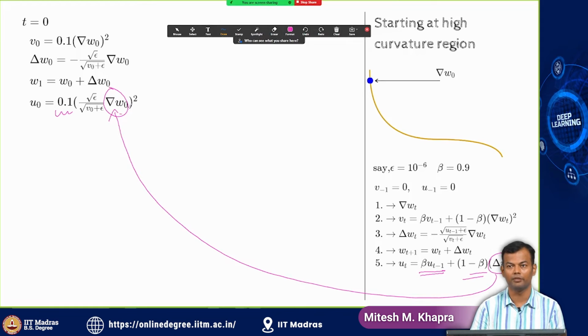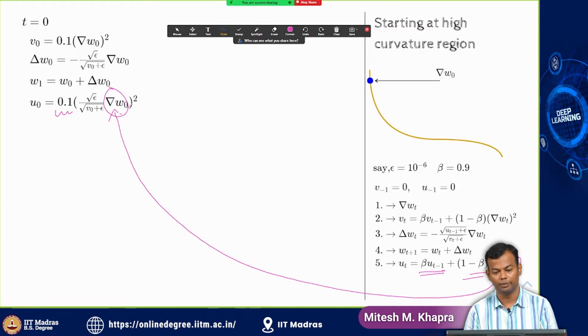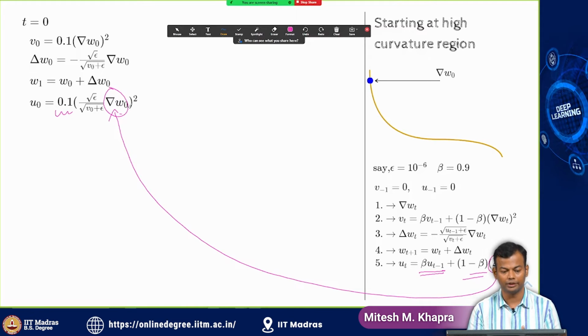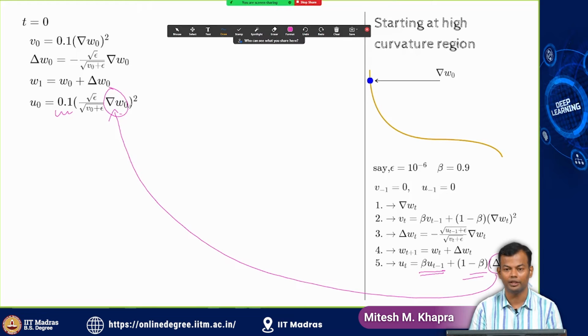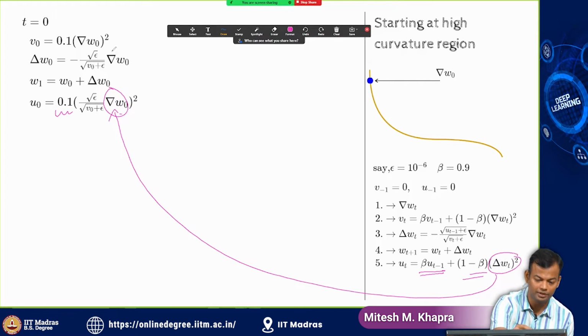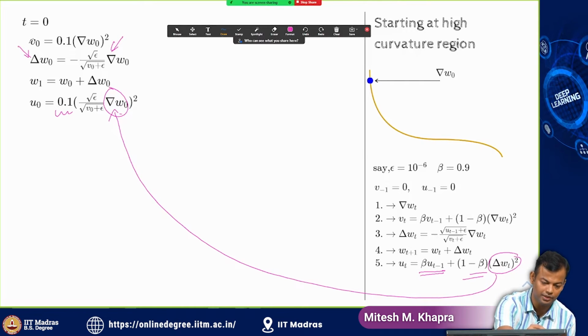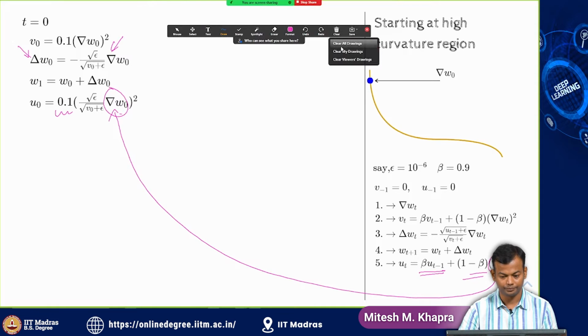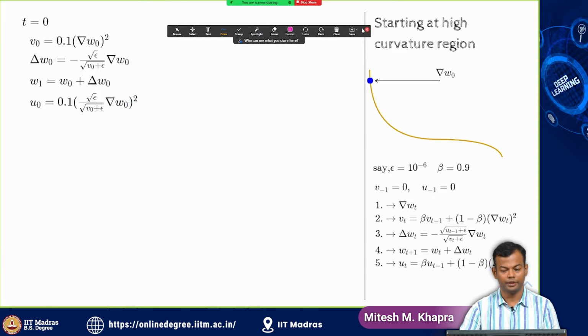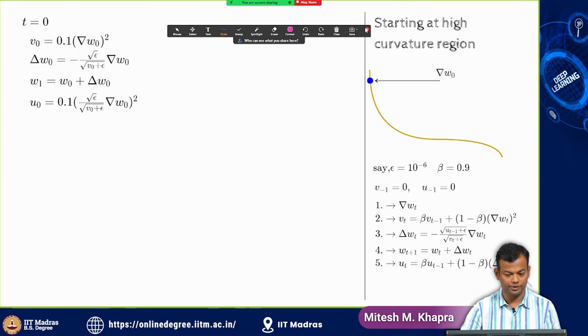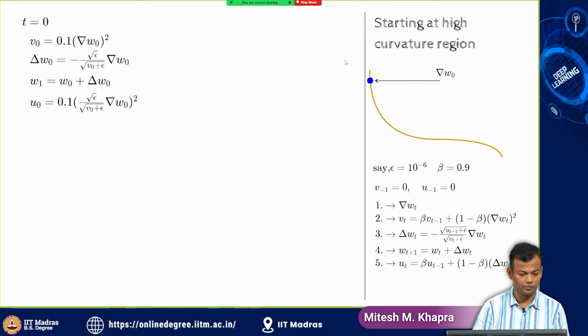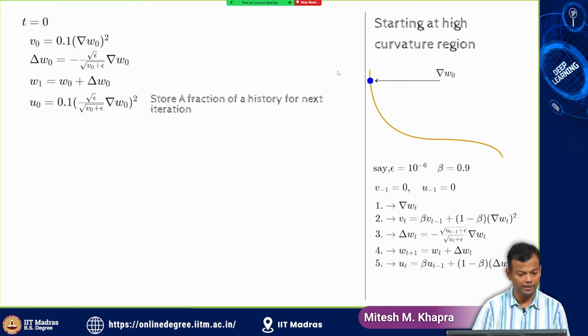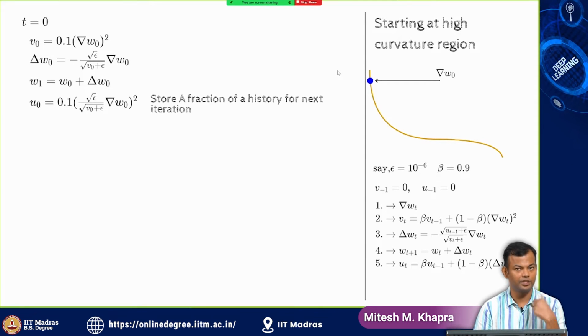So I've just substituted the value of delta W0 in terms of nabla W0, right? So this is nabla, just in case you're confused, and this is delta. Okay, so that's done. Now let's see what happens next. I'll just keep continuing for a while. So a fraction of the history is being stored for the next iteration.